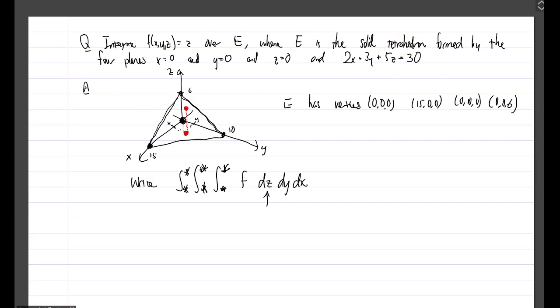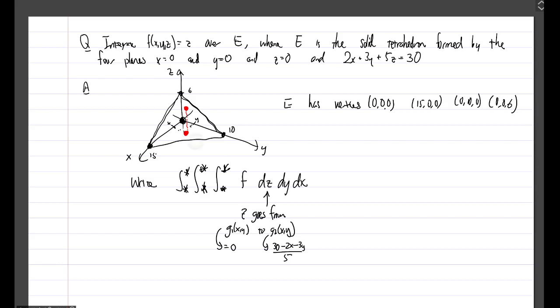So z goes from, let's say, g sub 1 of x, y to g sub 2 of x, y. Now both could be functions, but in this case g sub 1 is just 0, and for g sub 2 we just need to solve for z, and so you get 30 minus 2x minus 3y all over 5.